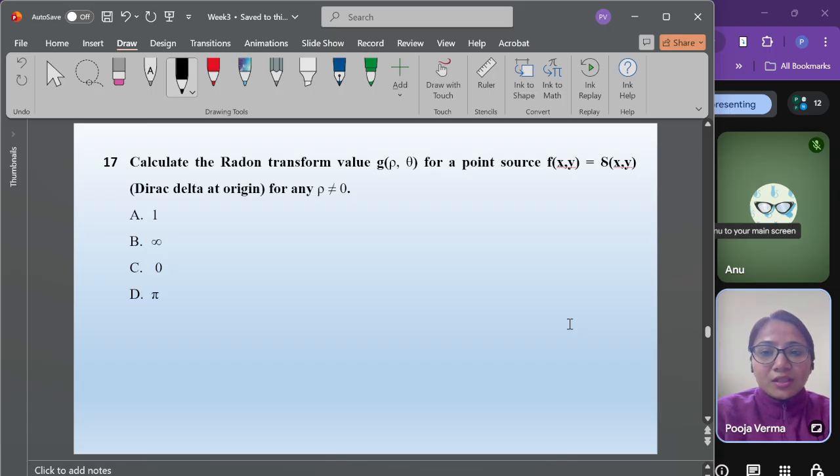The next question is, calculate the Radon transform value, that is g of rho theta, for a point source f(x,y) equal to delta of (x,y), the Dirac delta at the origin, for any rho not equal to 0. So what will be the value for this one?